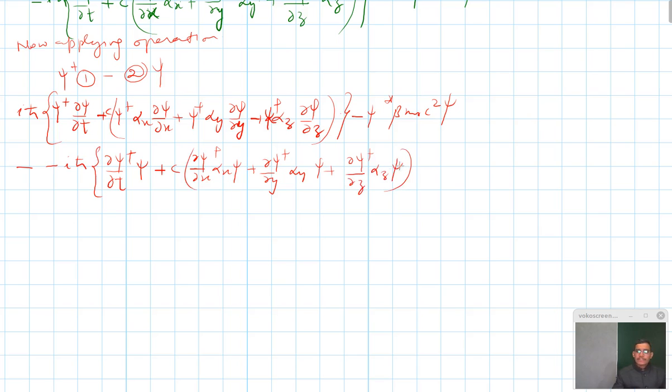And minus psi dagger beta m naught c square psi.